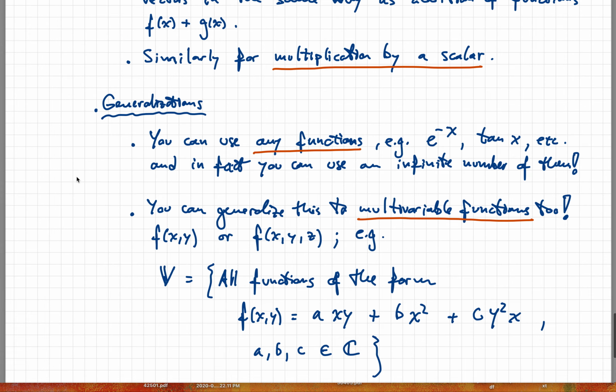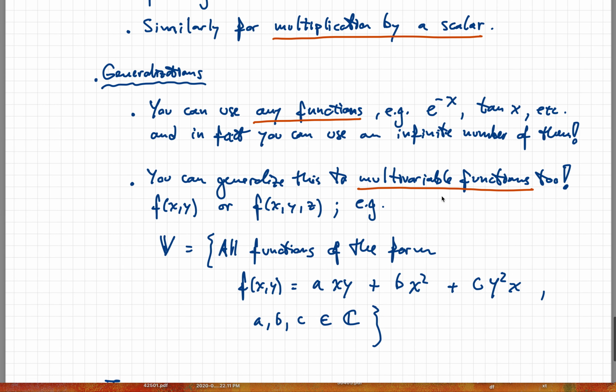Now, you can generalize this further to multivariable functions. This is very important in physics, the sets of functions that have more than one variable. And this is, of course, very useful because we live in 3 spatial dimensions. And so in a lot of applications, you want to have functions that depend on all the coordinates in space and possibly even on time.